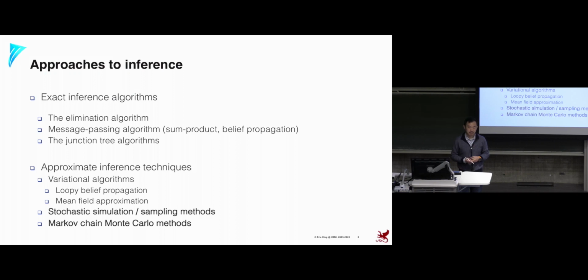A product. Q is a product of what? Individual marginals. We call it singleton marginals, right? So let's call this.